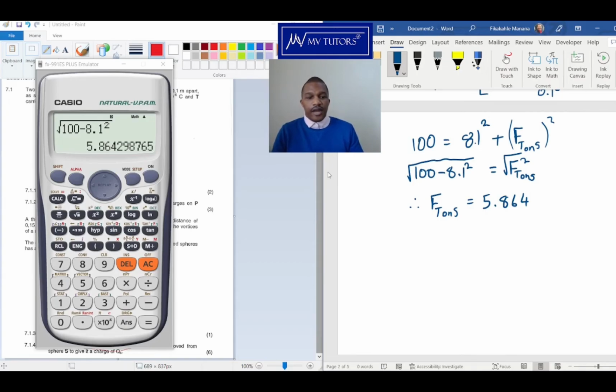Okay, so now that I have the force, I can solve for QS, because that force of T on S is equal to k QT QS over the distance between them. So that force, I've just solved it, is 5.864 is equal to 9 times 10 to the power 9 times QT.